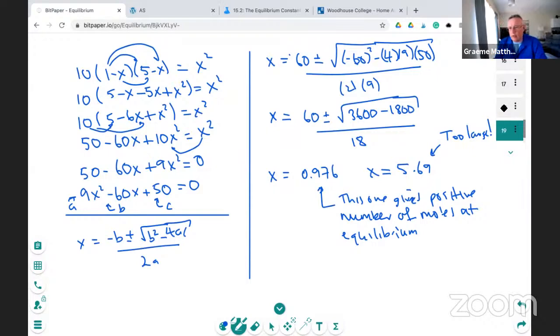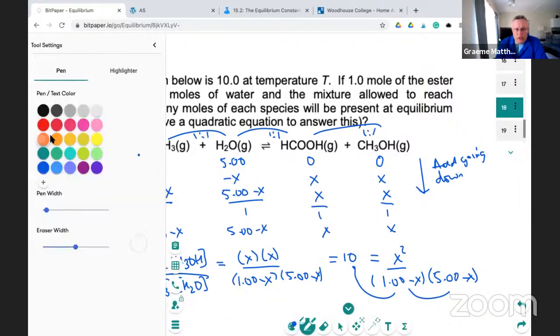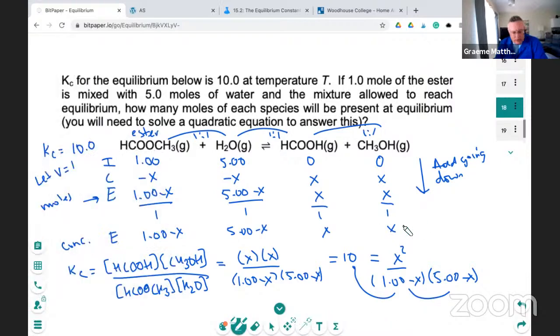So anyway, if we then come over here, then this is going to be 1 minus x, 5 minus x, x, and x. Right then, so I tell you what, in orange, Syracuse orange, here we go. And so x then is easy, this is just 0.976, and this is 0.976, like this was easy.